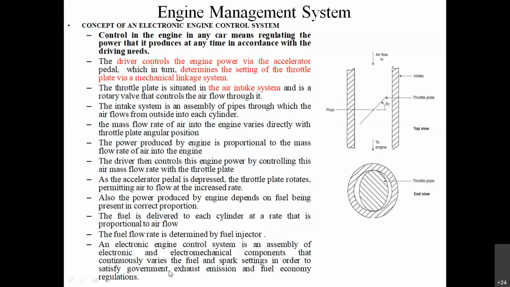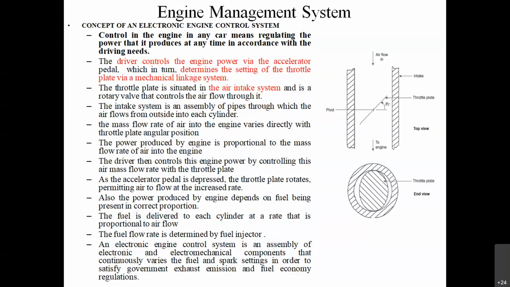An engine control system is an assembly of electronic and electromechanical components that continuously varies the fuel and spark setting. Apart from the change in air volume and fuel amount, the engine is also controlling the spark settings, that is the timing at which the spark needs to be ignited. So, three main features: based on the accelerator pedal, it will decide the angle of the throttle plate.